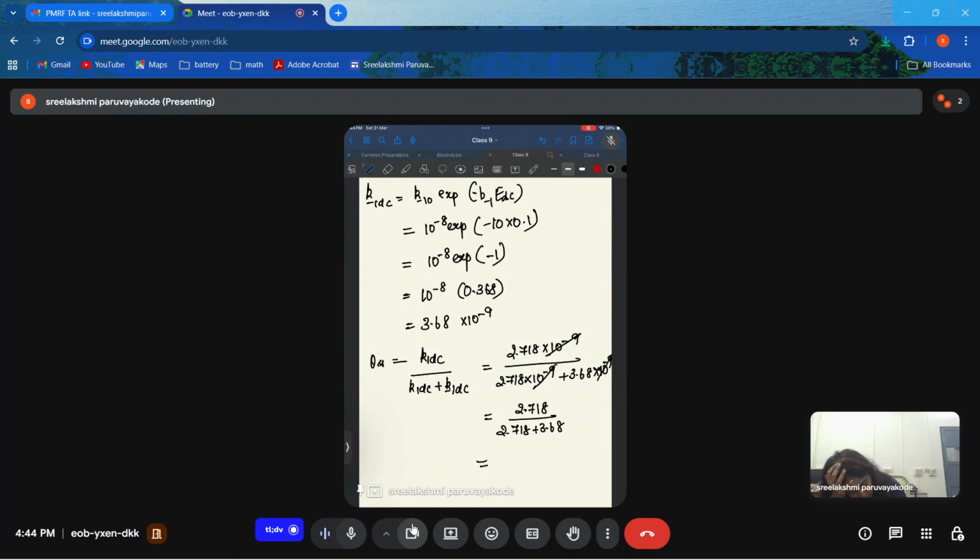Let's do the calculation and find out the value. So I'm getting 0.428.